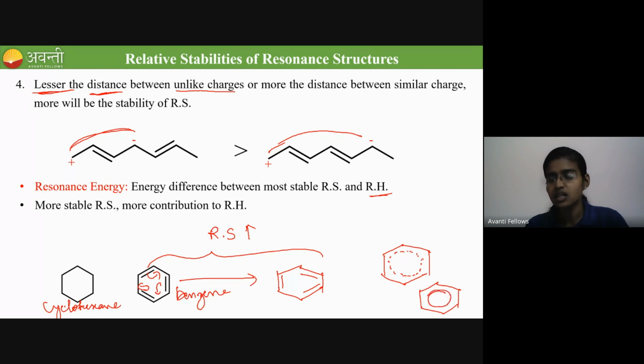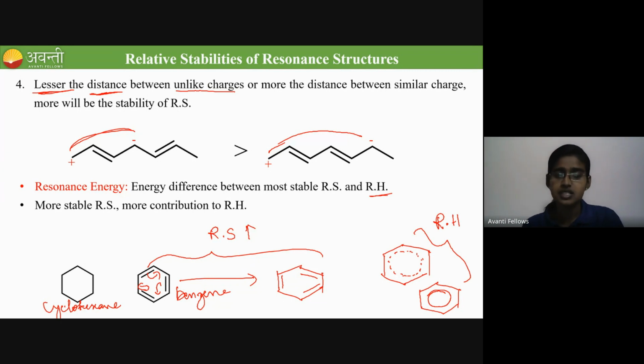The circle or these dots represent the delocalization of the pi electrons over the 6 carbon atoms. Got it? Delocalization of pi electrons towards all 6 carbon atoms. So this is called the resonance hybrid.